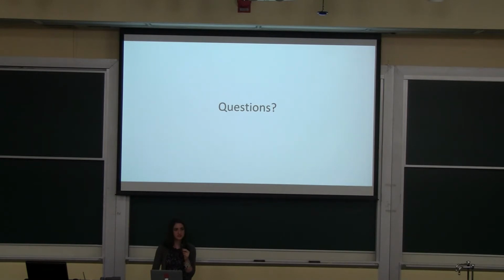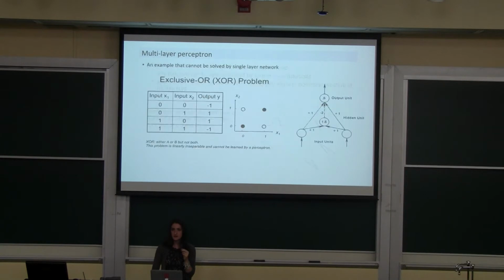Any questions? Yes? Can you go back before that? Can you show how to calculate the output given an input? Yes. So, for example, if this input and this input are given, you'd multiply the input here by the weight.